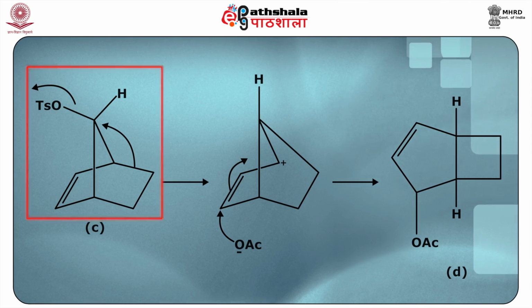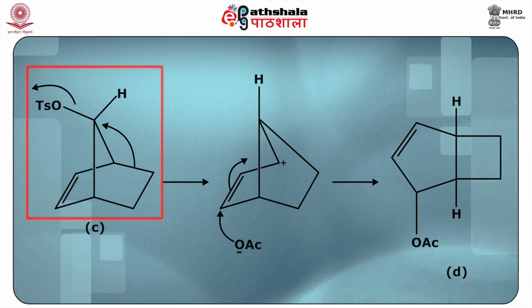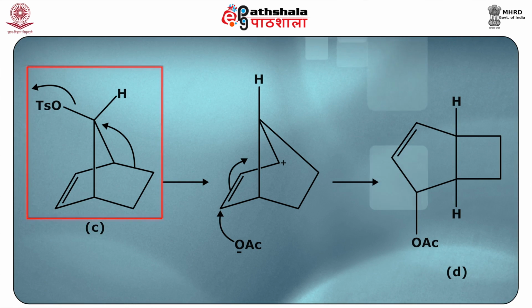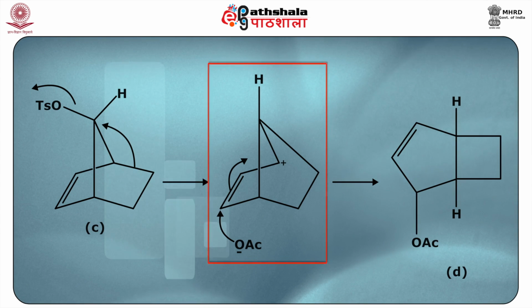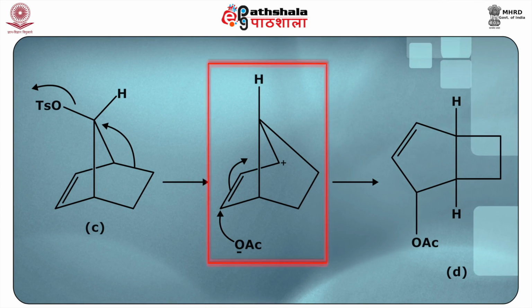But this C, the syn isomer, dissociates without anchimeric assistance into a homoallylic carbocation, as shown in the following scheme.